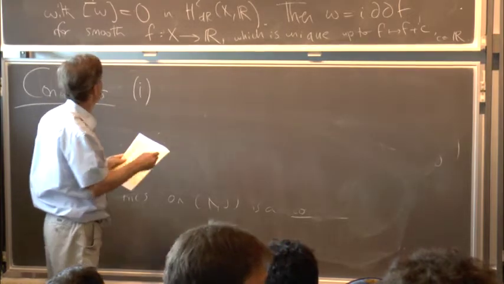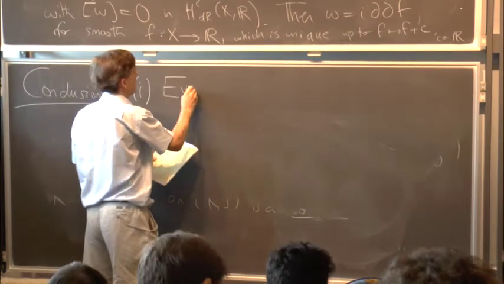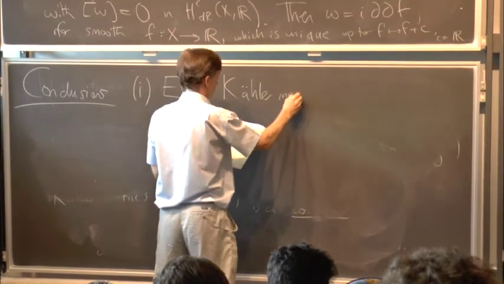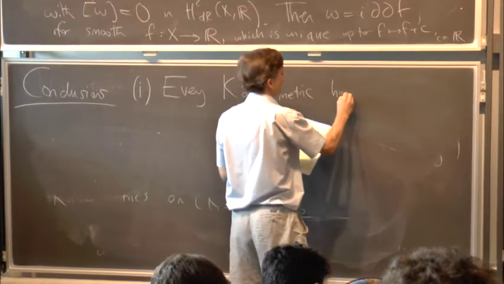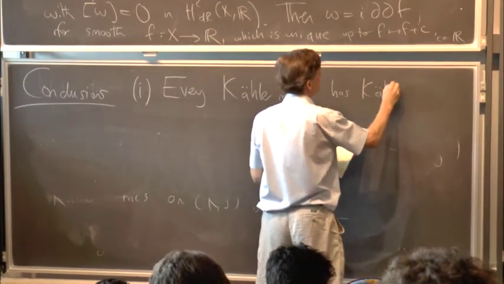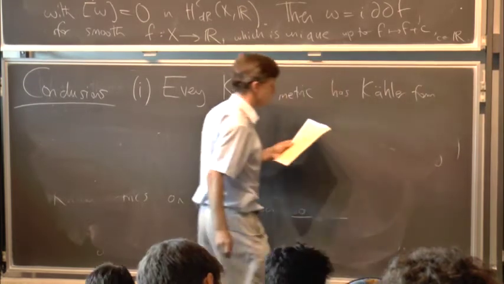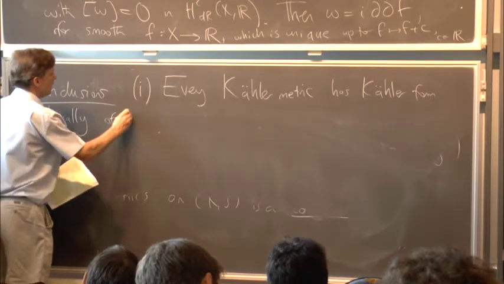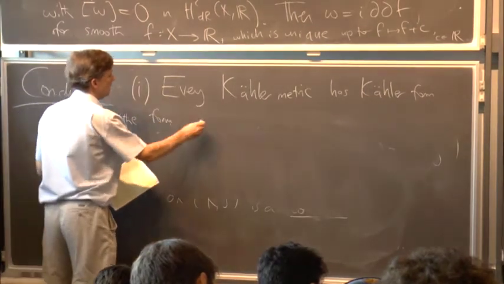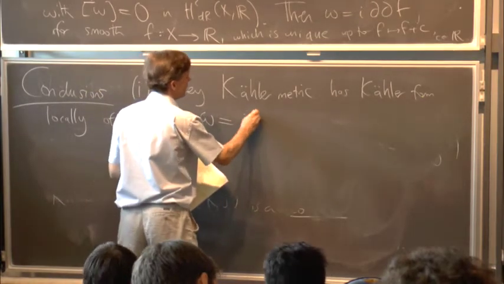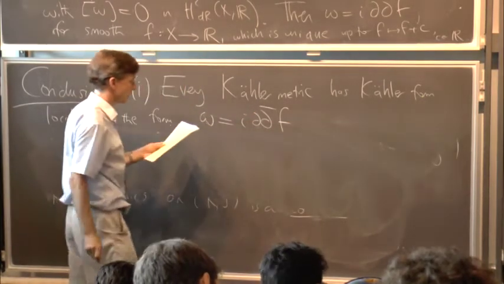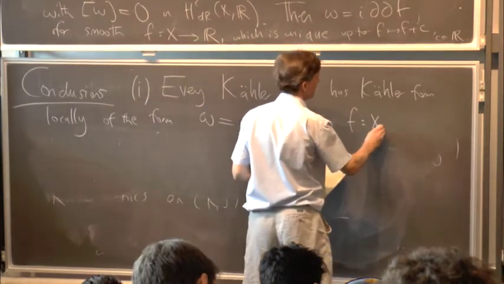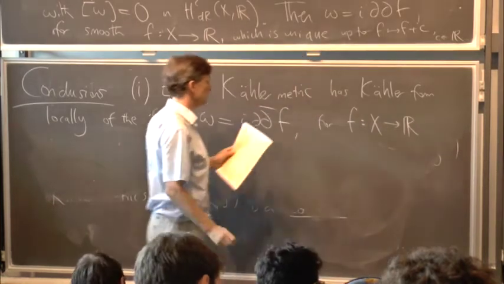And then you'll see from part A that every Kähler metric has Kähler form locally of the form little omega is i d d-bar f for f going from X into R smooth.